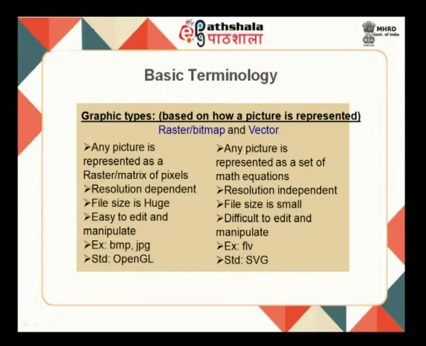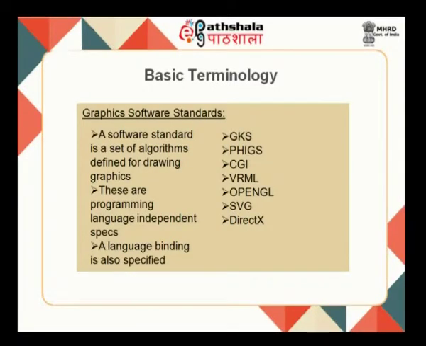This is where we have to understand how a picture is made up and how raster and vector graphics are different. So, let us look at these graphics software standards. A software standard is actually a set of algorithms defined for drawing graphics. Whenever we say a standard, it means how a picture definition is to be represented and how a picture is to be drawn.